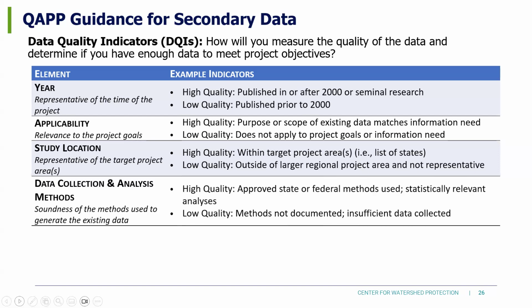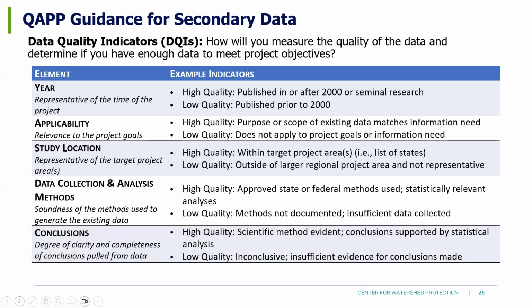All right, then there's data collection and analysis methods. This is the soundness of the methods used to generate the existing data. Their high quality data was determined as approved state or federal methods used and statistically relevant analyses, versus low quality, which would have methods that weren't documented or insufficient data collected.